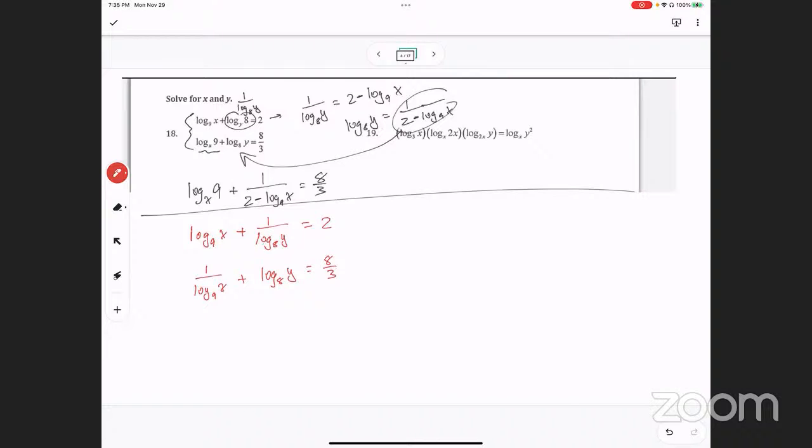So I'm going to take a second here to see if there's anything else that, now that I have things written in a way that seems a little bit more like these are the same and these are the same, and I don't have variables in my bases anymore. So it'll be easier to solve it at the very least when I do combine them together, however I choose to do that.